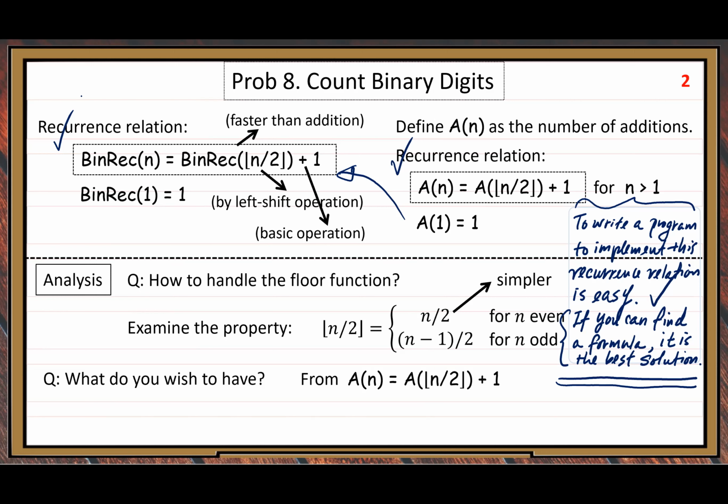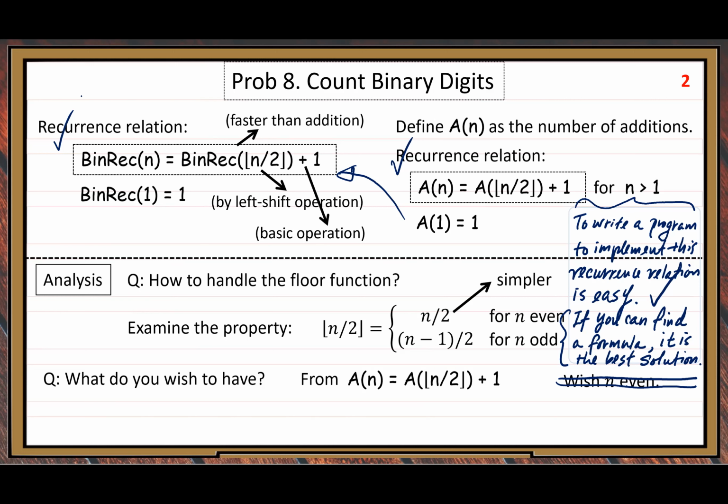From the original given recurrence relation, because we don't know the exact expression of that n/2 floor function, we want to make our lives easier.